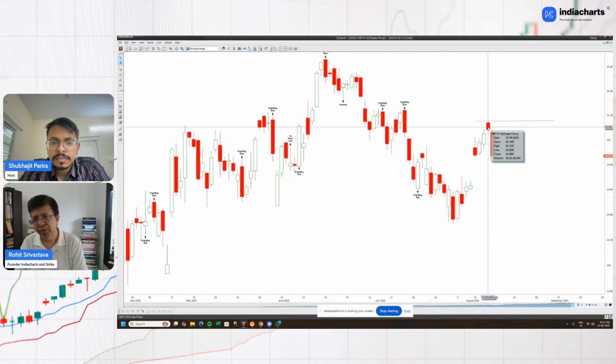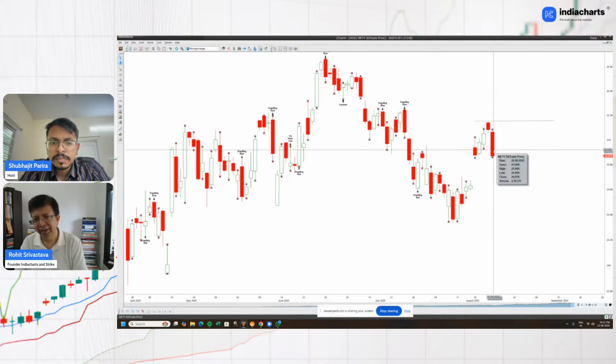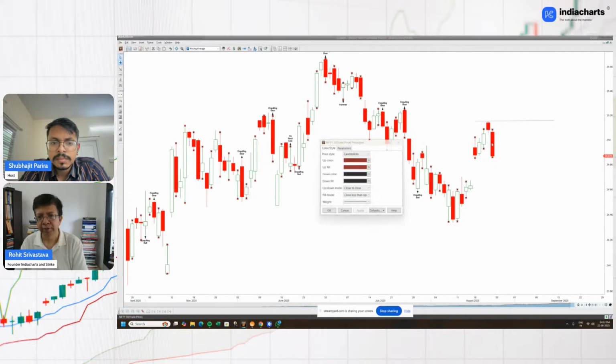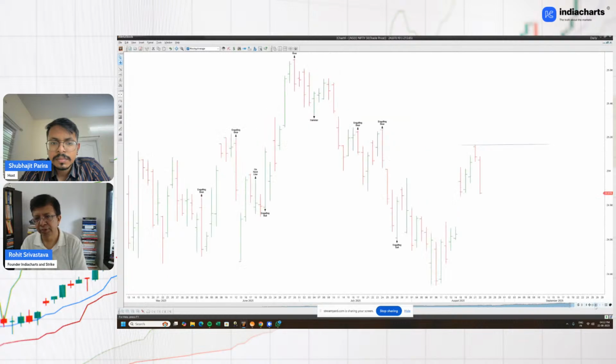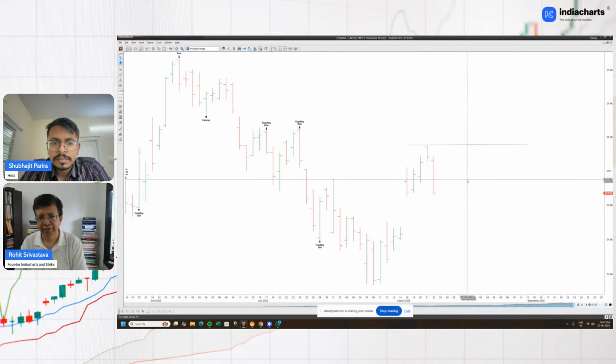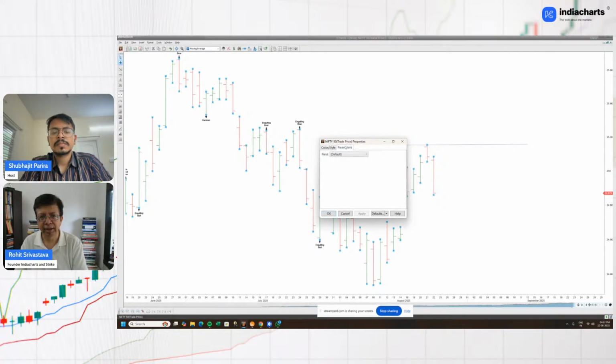Now, of course, in terms of real body, this is the second negative day. But when we go to a bar chart, then no, it's not a second day. It's just the first day. There's a slight difference between when we see a bar chart and when we see a line chart.